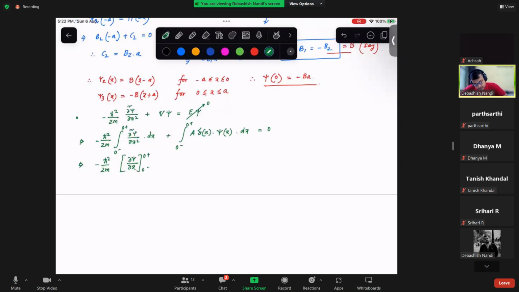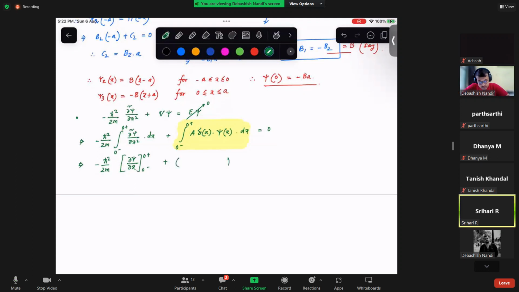Plus, can anyone tell me from your signals and systems knowledge what this thing should be? Anyone? A particular property of the delta function is to be used here. So anyone can unmute and tell me what I should write in this place?